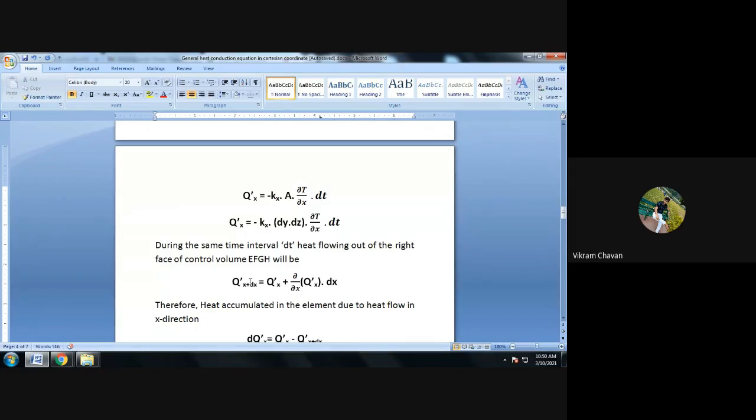Q dash suffix x plus dx is the amount of heat flowing outside the element in x direction, and it will be equal to q dash suffix x plus the differentiation of q dash suffix x with respect to x, multiplied by dx. Getting everyone?